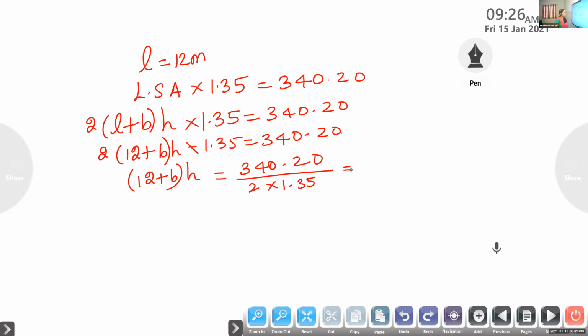On simplifying, cancelling the 2, it is 170.10, isn't it? If you want, we can multiply this by 100, so 17010 by 135. Again by cancellation we will find the answer. Otherwise, for the time being, keep it like this: (12 plus b) into h.